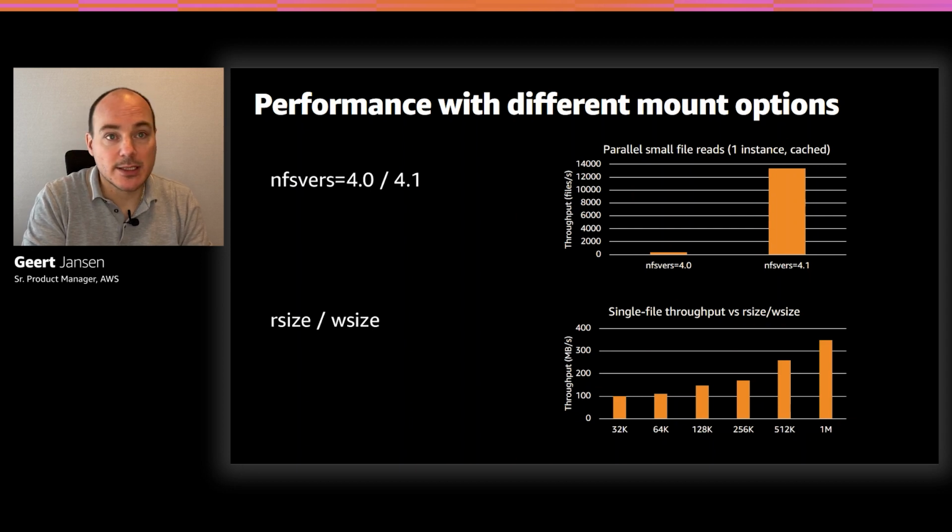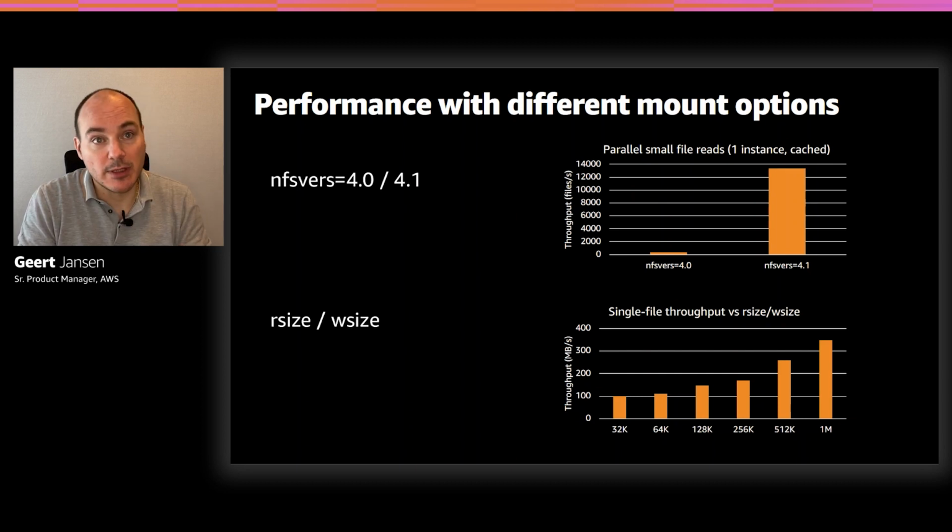For read and write size, I used a different benchmark to illustrate the difference. I used a benchmark that writes to a new file as fast as possible, and then ran that benchmark for different sizes of the read and write size. At 32 kilobytes, we're getting about 100 megabytes per second of throughput writing to that file, while at 1 megabyte, we're getting in excess of 350 megabytes per second writing to that same file.